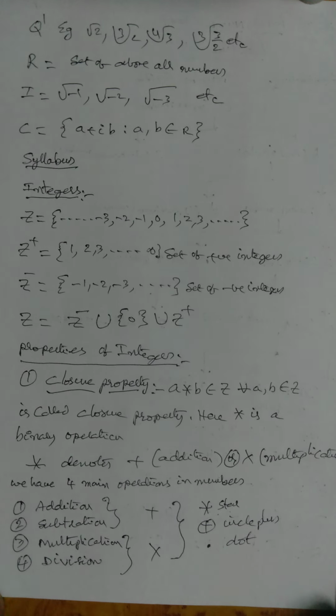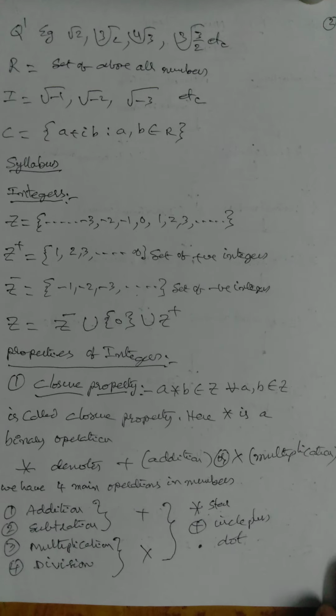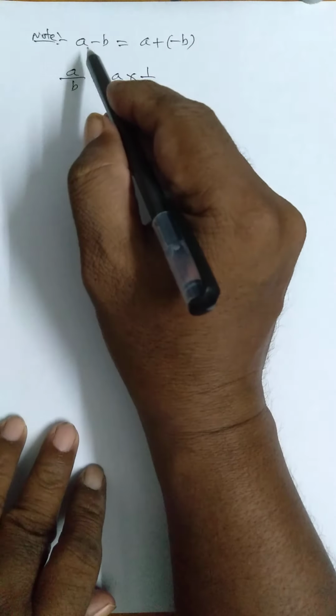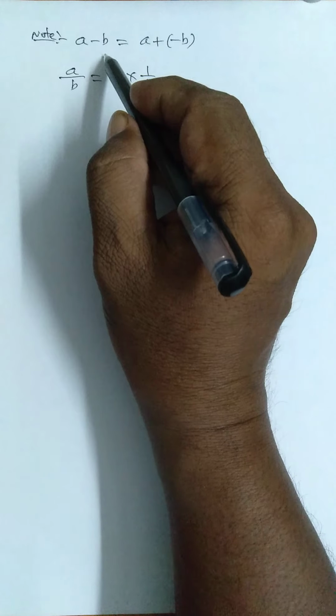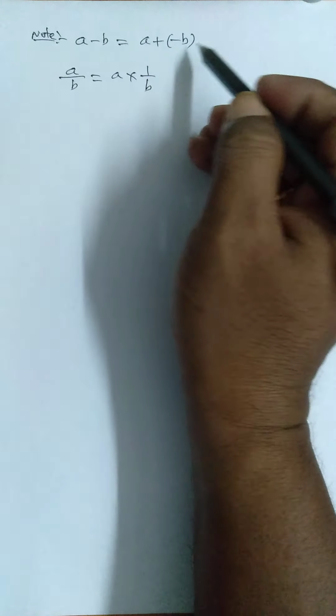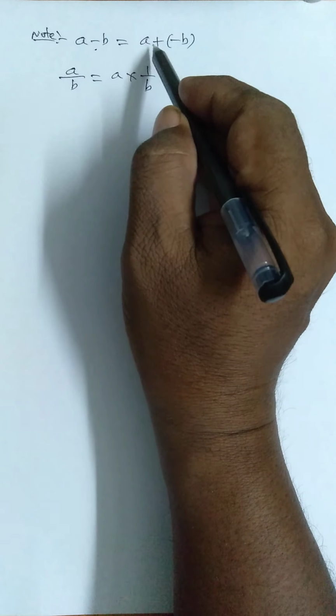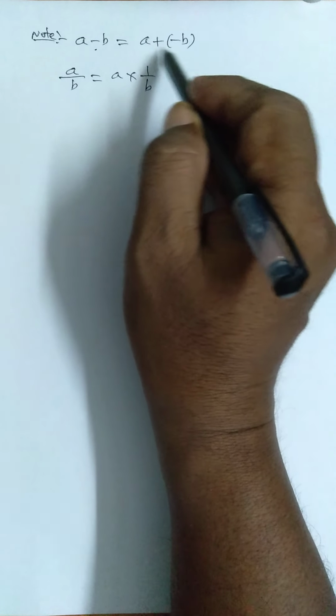What is the reason? A minus B can be written as A plus minus B. So subtraction is nothing but another form of addition.